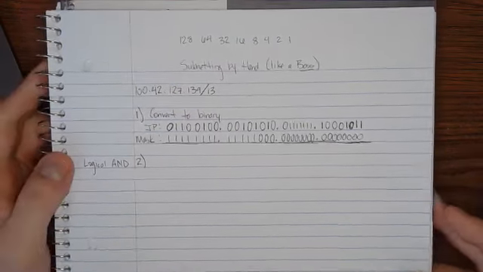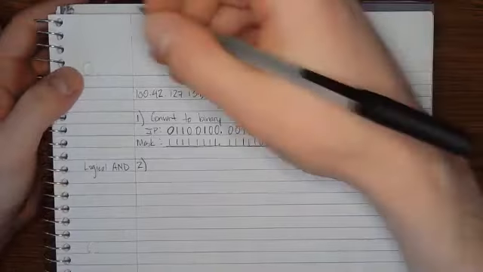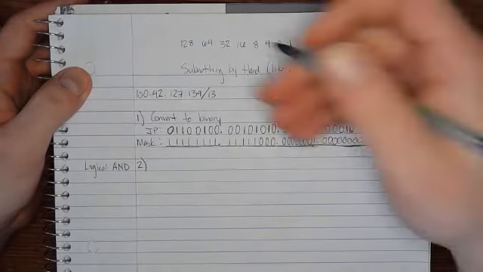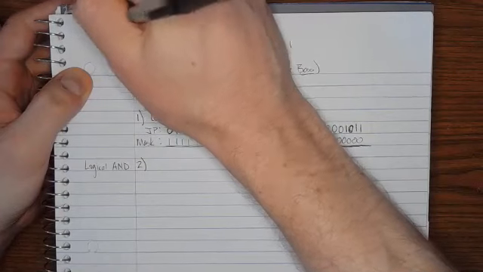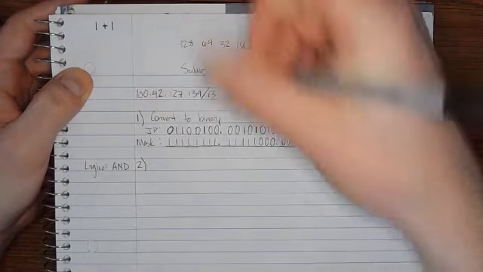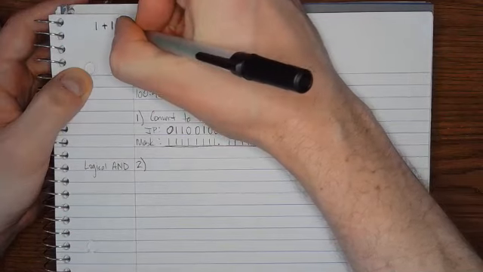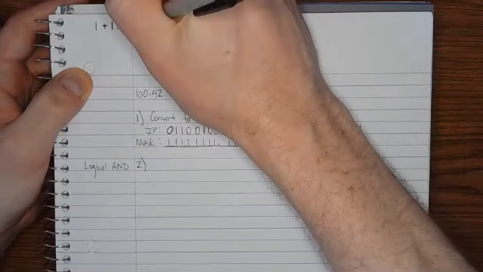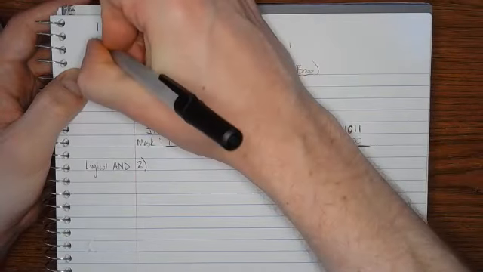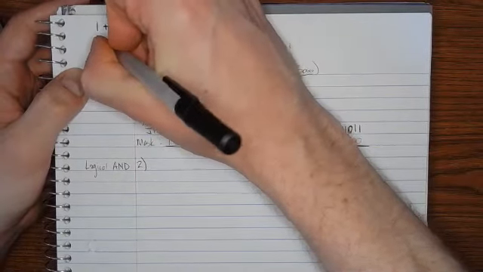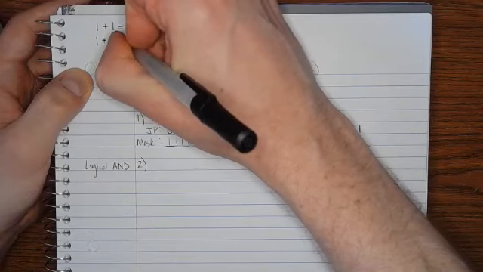So in the corner here, I'm going to write out the calculation that I'm doing. I'm going to look to see if I have a 1 and a 1 in both rows. If I do, I'm going to create a third row and say two 1s make a 1. Pretty much everything else, if it's got a 0 in it, makes a 0.